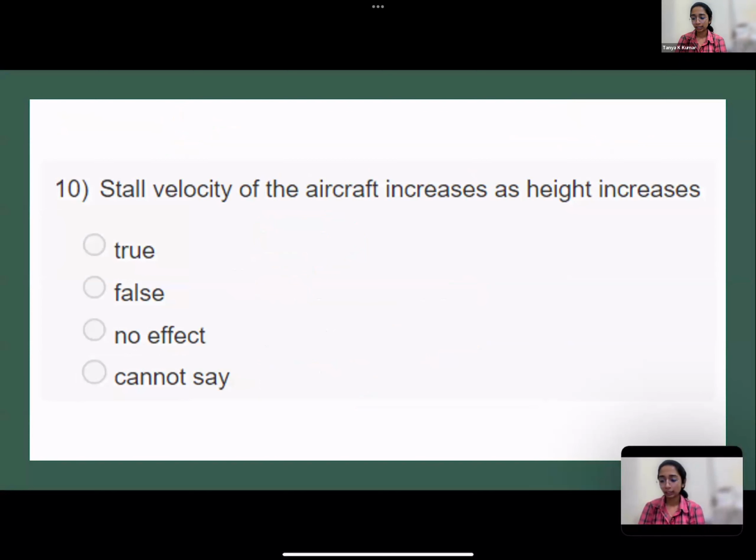Stall velocity of the aircraft increases as height increases. True, false, no effect, cannot say. What is stall velocity? What is stall? Just stall. What is stall?